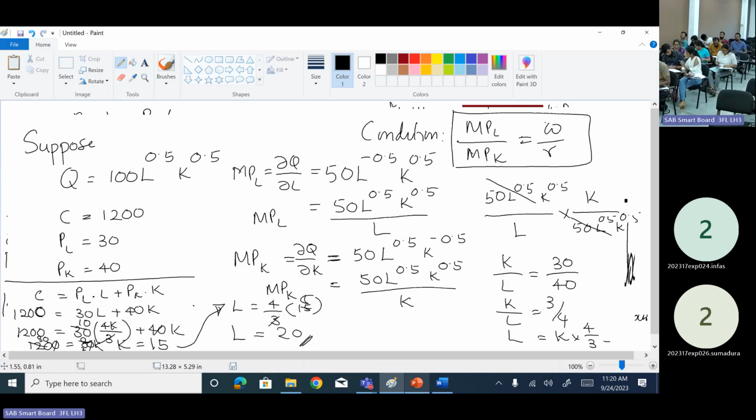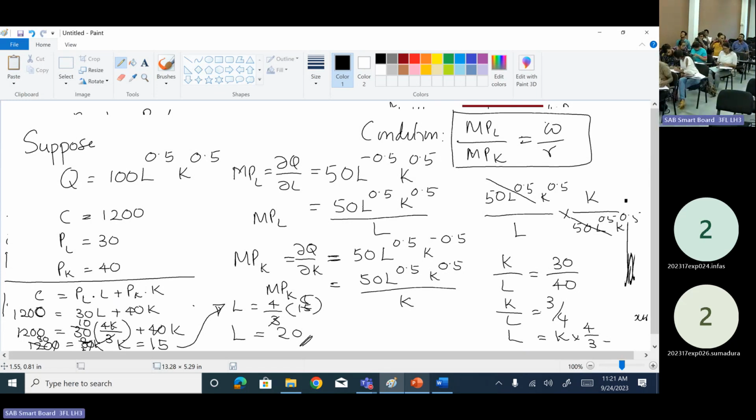Is it clear? If you are not clear on the question, you can ask. We need to follow the condition. What is the equilibrium condition? Based on the information given, you can apply the correct form and work things out accordingly, following the condition.